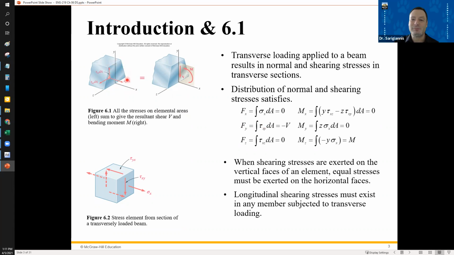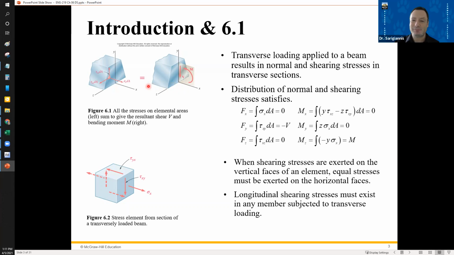This is basically minus V. This is that transverse loading, this V here. This is that internal shear stress that we were working on in the previous chapter of determining where that was, and in that chapter, we figured out that internal shear stress.